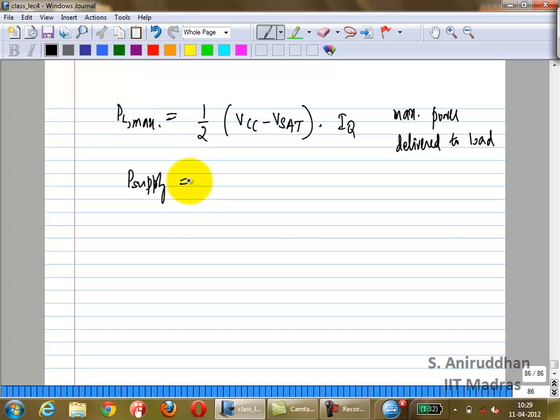What is the current drawn from the supply? What is the power drawn from the supply? I'll assume VCC equals VE in all cases. 2 VCC times IQ.